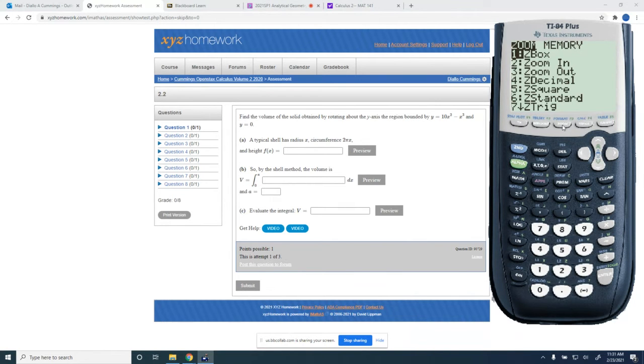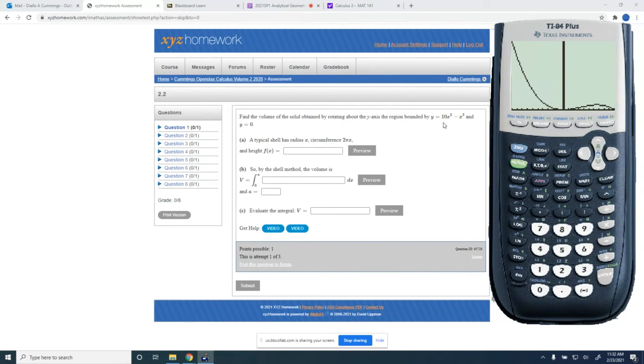I'm going to use zoom 6. Now I'm going to use zoom 0. What zoom 0 does is fit the graph to our screen. So in a nutshell, this is what the graph looks like.